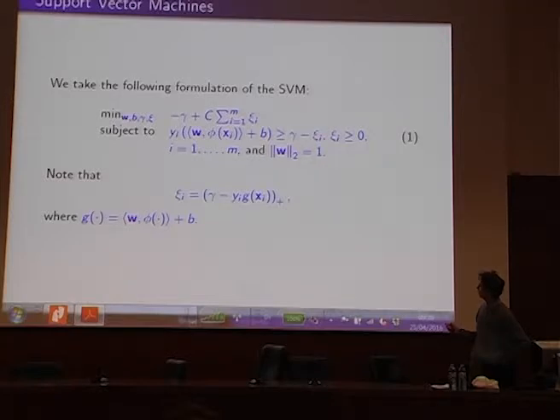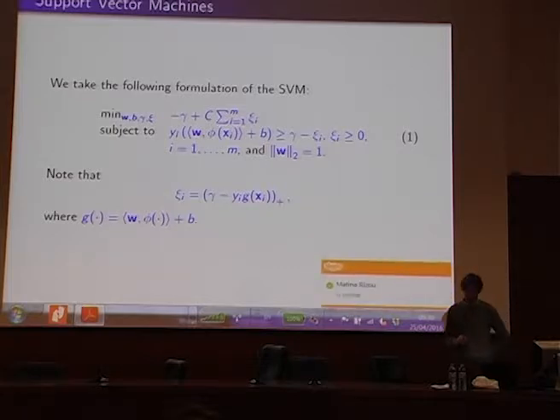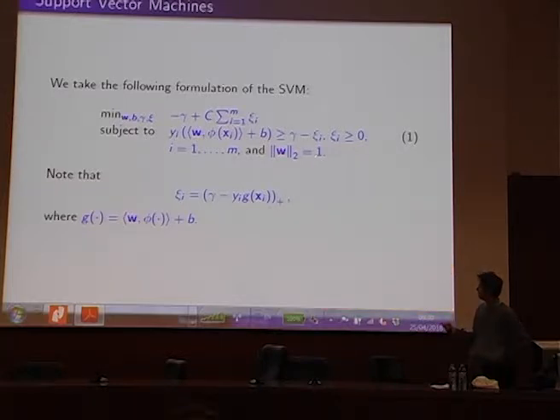Perhaps some of the data points will fail to meet the margin. That's these so-called slack variables psi i, which must be positive, and we maximize the margin while minimizing the size of these slack variables. So that's the task that we're asking the support vector machine to solve, and we're constraining the 2-norm, this is where the regularization kicks in, to be at most 1.